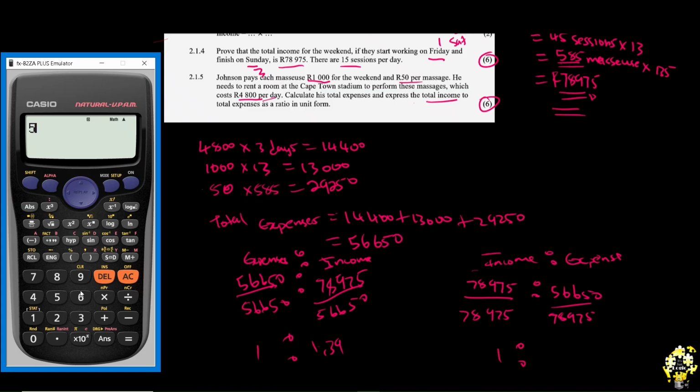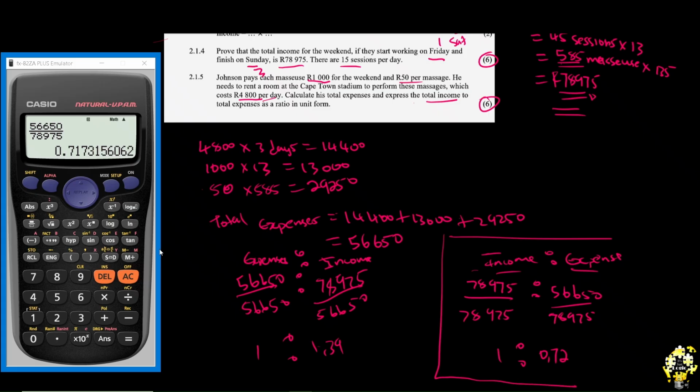Because I must start with 56,650, and you divide it by 78,975. You actually get 0.72, rounded off to 2 decimal places. So that's how you do it. If you have this at the top, it's going to explain exactly what you are saying in these cost structures. But for the purposes of this, you should use this one.